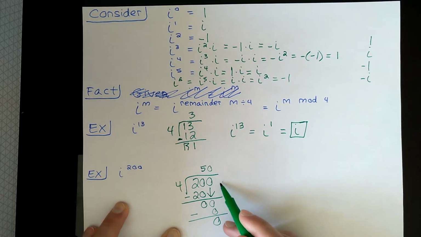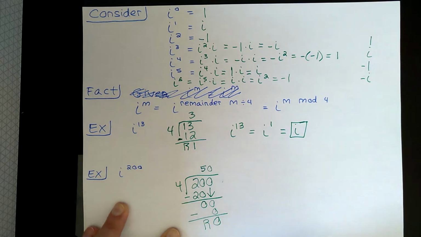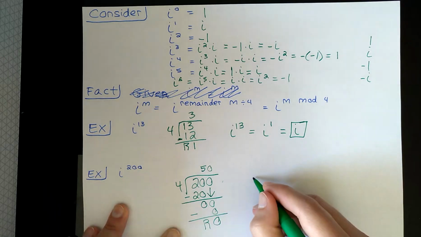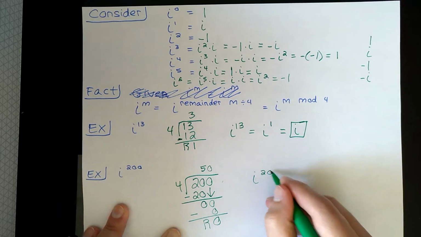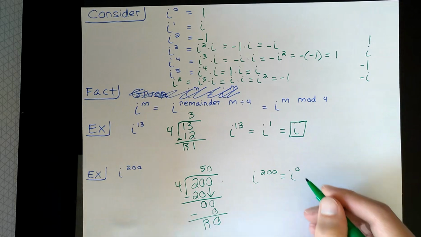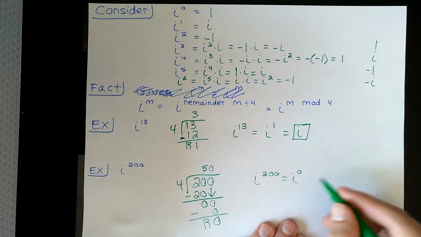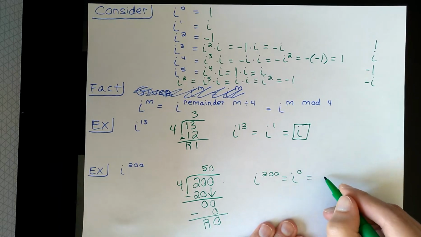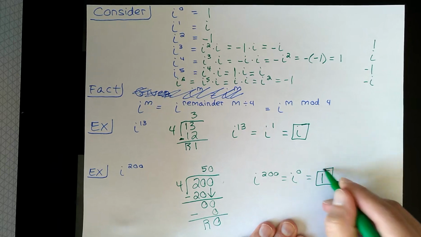And now, because there isn't a number to bring down, and 4 does not go into 0, this is our remainder. We have a remainder of 0, so i to the 200th is equal to i to the 0 power, which anything to the 0 power except 0 is 1.